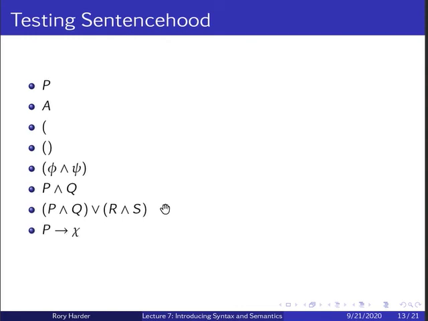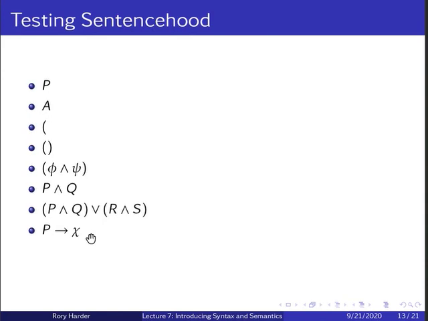Now, is this a sentence of our language? If P, then chi. So chi here, which looks like a fancy X, is the fancy Greek letter which is similar to phi and psi. So this chi here is a variable in the same sense that phi and psi are variables. So is the sentence, if P then chi, a sentence of our language?